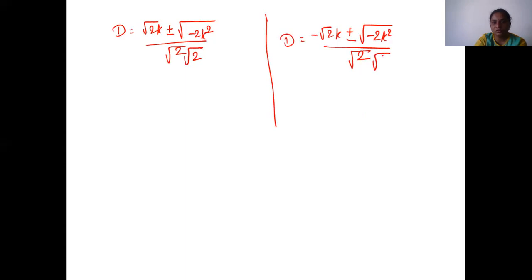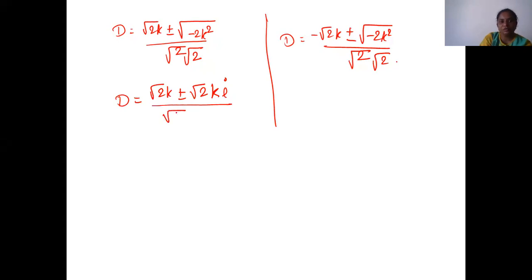Here also root 2 into root 2. For simplification, it is root 2k plus minus root 2 root k square. Root k square is k, and root minus 1 is i. So root 2 root k square is k, and root minus 1 is i, upon root 2 into root 2.